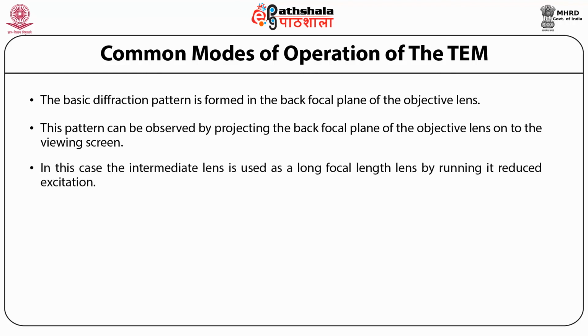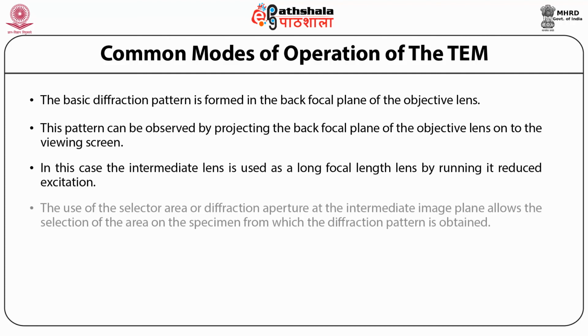In this case, the intermediate lens is used as a long focal length lens by running it in reduced excitation. The use of the selected area or diffraction aperture at the intermediate image plane allows the selection of the area on the specimen from which the diffraction pattern is obtained.